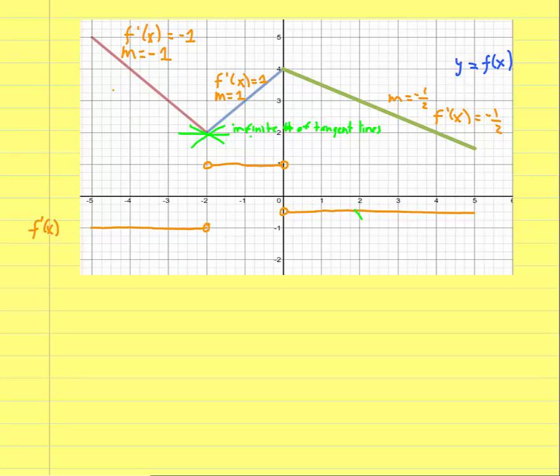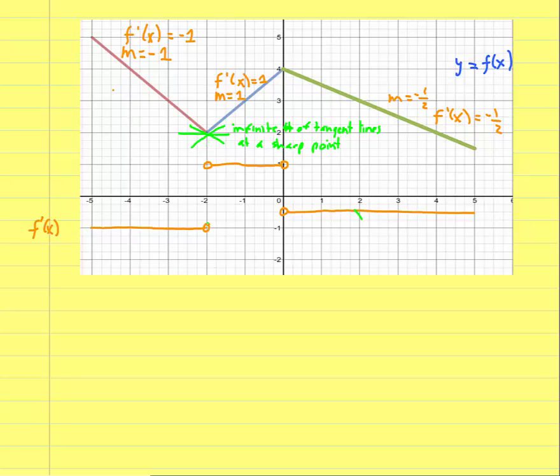This is not a smooth curve, and we'll talk about graphs with a smooth curve in just a little bit, but there's an infinite number of tangent lines at a sharp point. And since I have this infinite number of tangent lines, that tells me that at this point I can't say what the slope is. Is it 1? Is it -1? Is it something in between? So that's why I have these hollow points. Now, it also means that the function is not differentiable at -2.